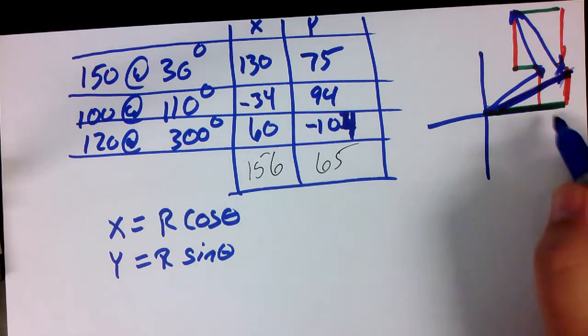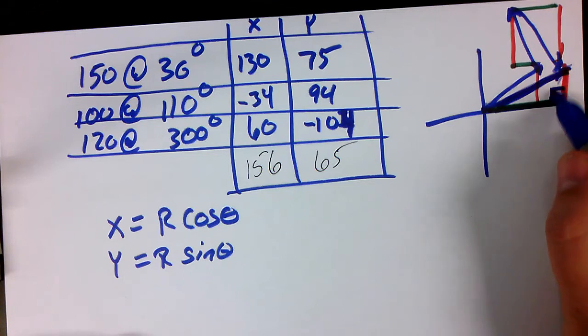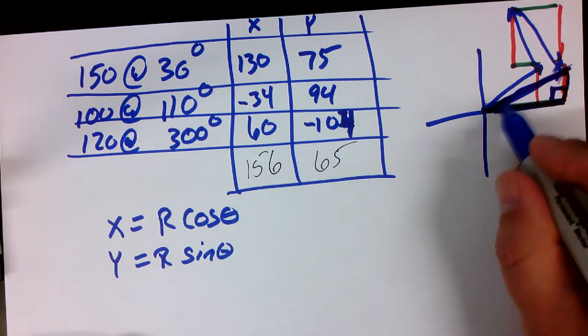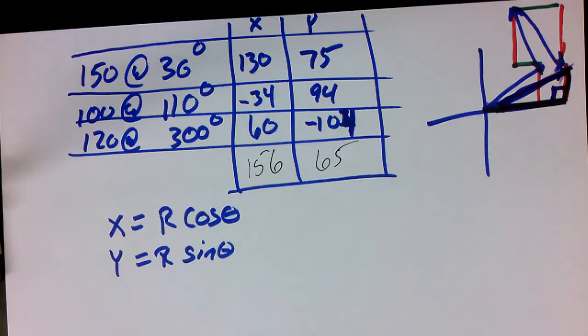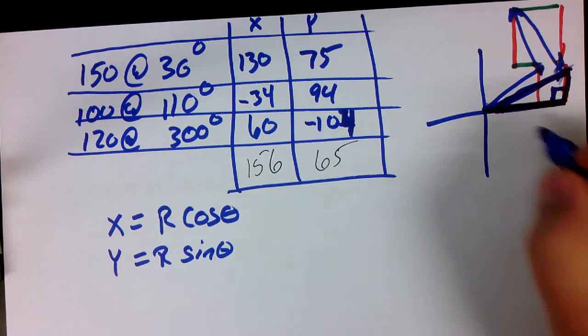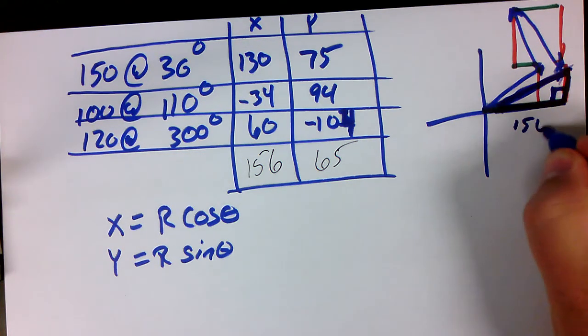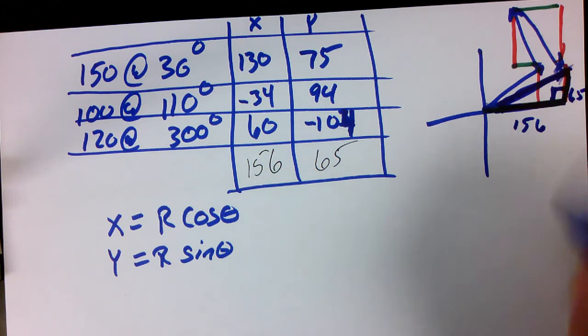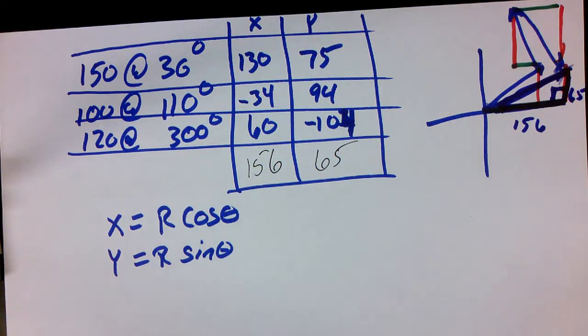So to find the resultant length, the length of that line right there, what you want to do is recognize that you have a right triangle created here. This is your right triangle. That triangle's length can be found, because we know this is 156 and this is 65, by doing the Pythagorean theorem.